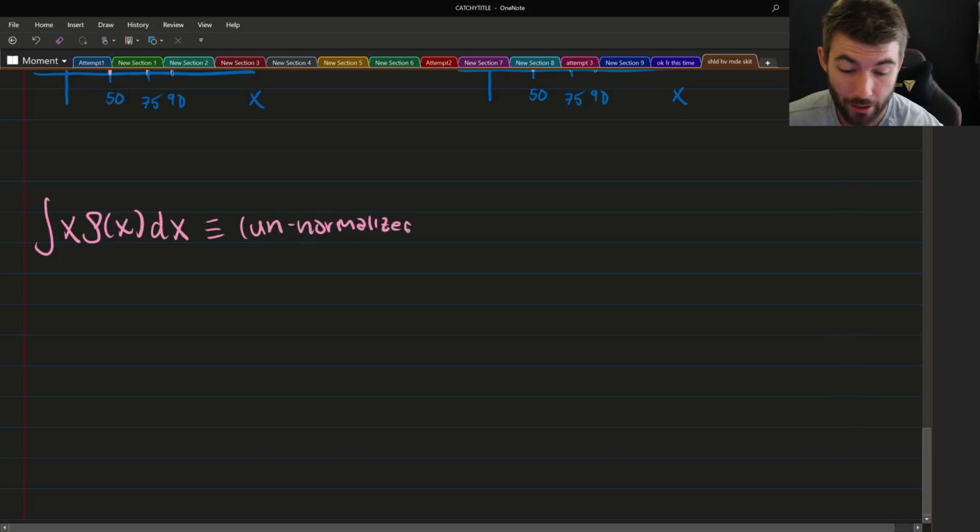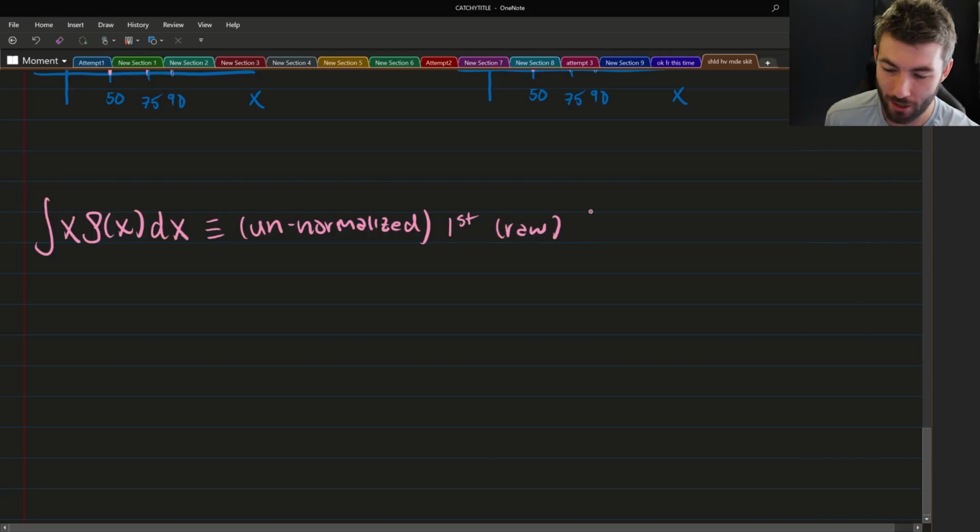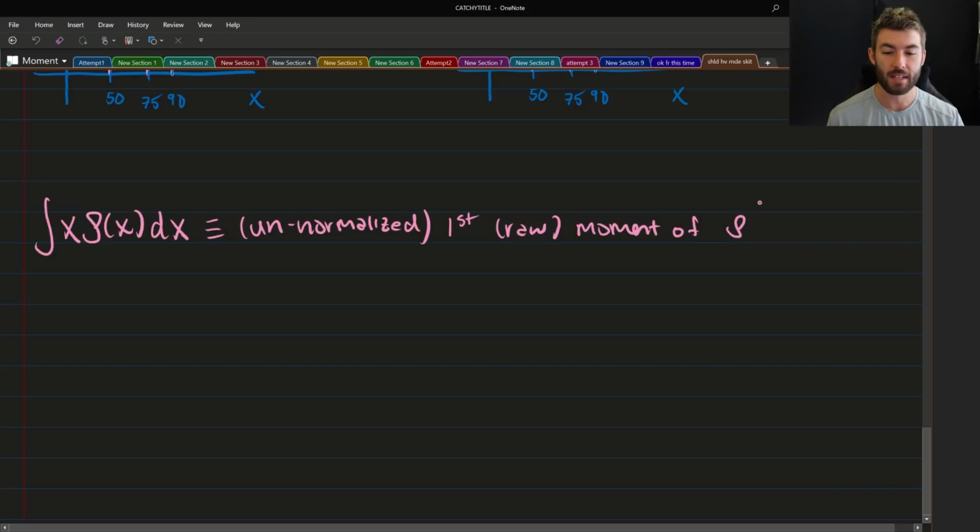This is what I'm calling it. This is what I would assume other physics people would call it, but mathematicians will tend to normalize it already. That's the technical way of saying this.